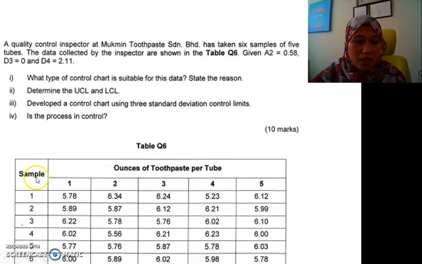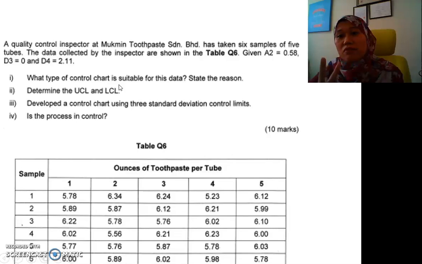They have taken 6 sample lots, and each sample has a sample size of 5. They give information on A2, D3 and D4, and since this is measurable in ounces, we know that the suitable control chart for this data is variables.